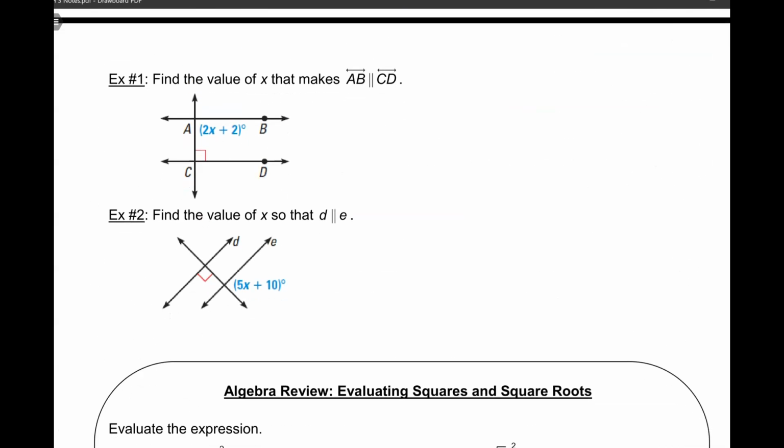So example 1, find the value of x that makes AB parallel to line CD. Okay, in order for them to be parallel, I have a transversal, and if line CD is perpendicular to that transversal, then this must also be perpendicular.